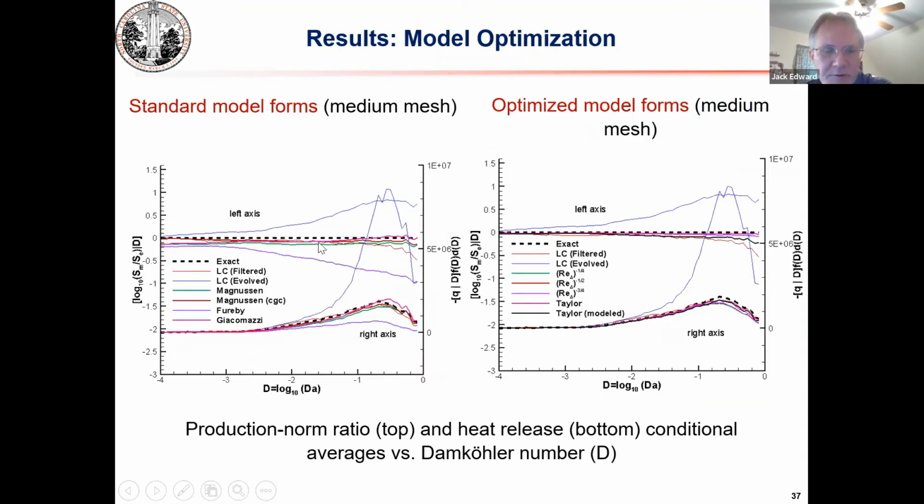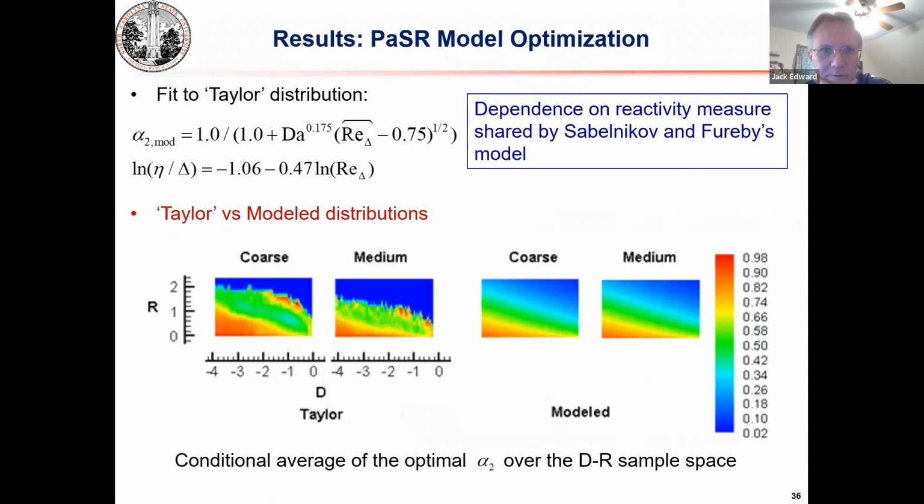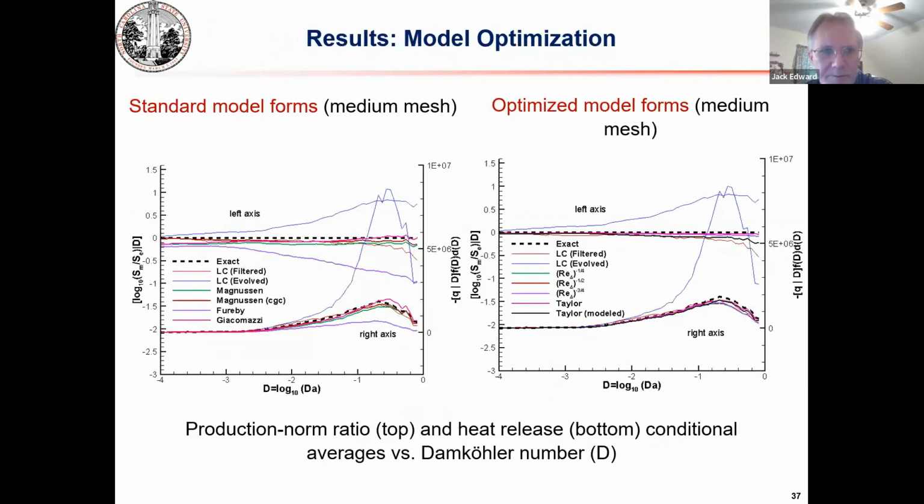This is another view of these slides. The only thing we're doing differently is that we're integrating this distribution over the marginal PDF of the Reynolds number. So effectively, we get data versus Damkohler number.